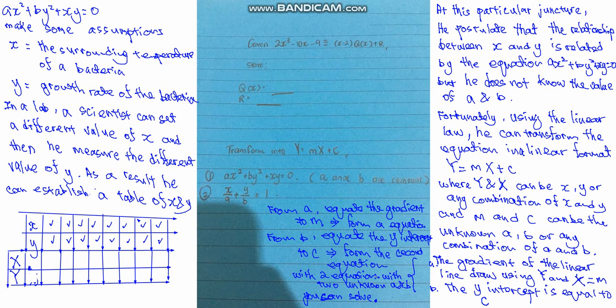The next video I will show you how to do the two examples here. What I taught you here is the basics of linear law, and how linear law is used by researchers or scientists to solve complicated equations which have unknowns inside.